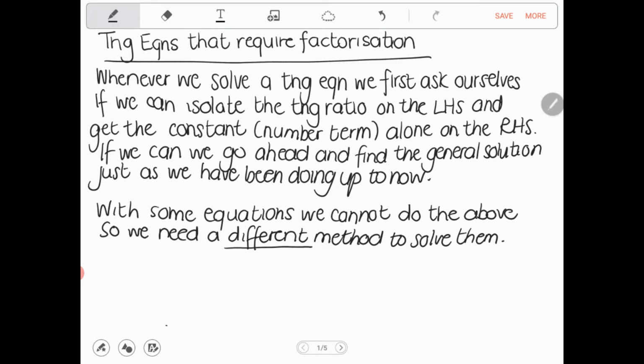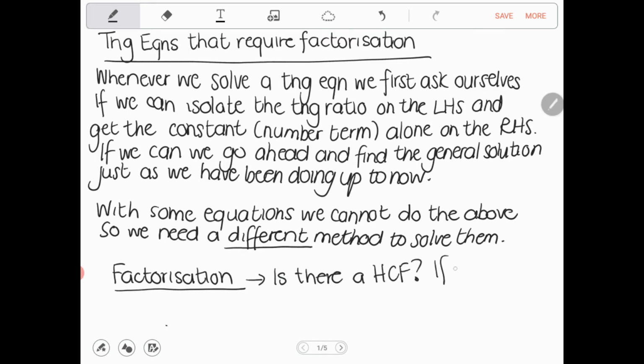Okay, just to remind you, remember with our factorization, our first question is always, is there a highest common factor? If there is, then take it out.